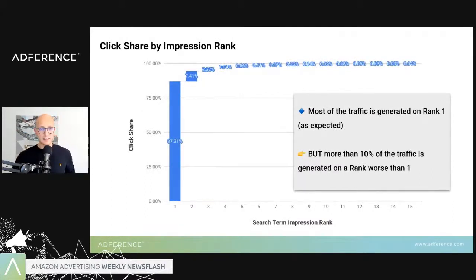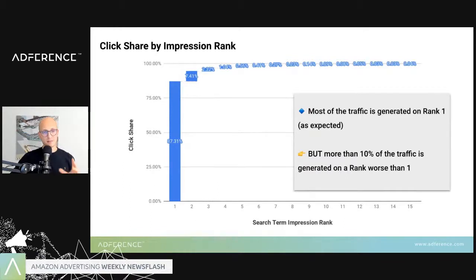And the last thing that I want to share with you is the click share by impression rank. This is something that we expected, of course, and the hypothesis behind this is the better the search term impression rank is, the more clicks you will get compared to your competitors. It's not the position that we see here, but the rank. And if you have the best rank and get the most impressions, it's very likely that you get the most clicks.